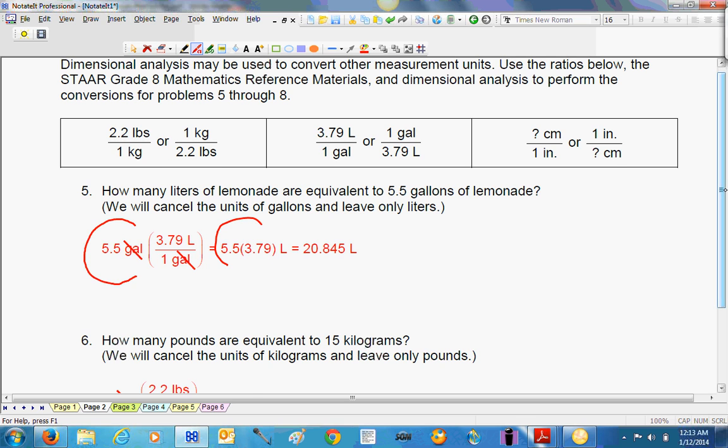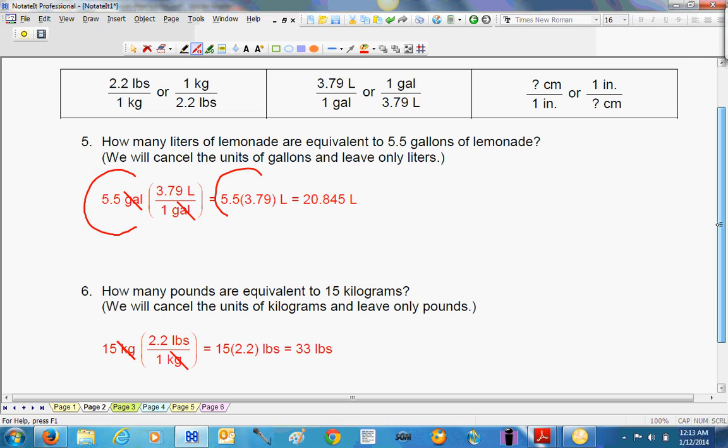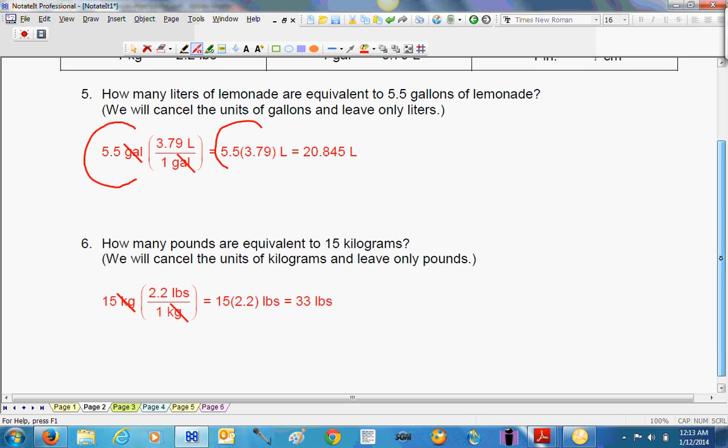But since we are converting from kilograms to pounds, we're going to take 15 kilograms and use this particular formula, the 2.2 over 1. So 15 and 1, the kilograms cancel out. We're left with 15 times 2.2, and pounds is the unit left, and that's going to give us 33.